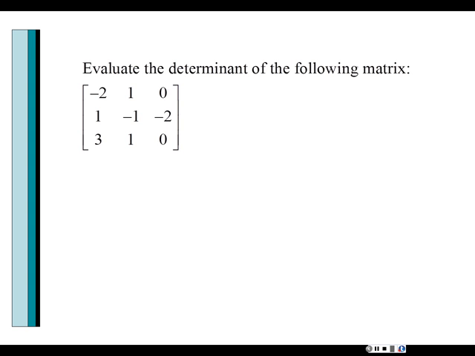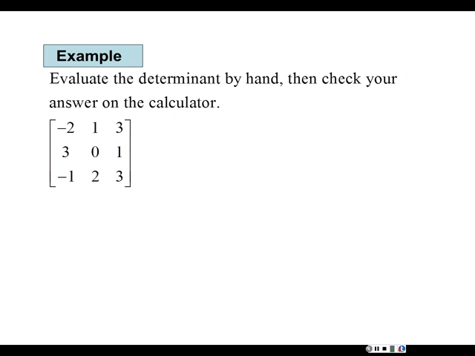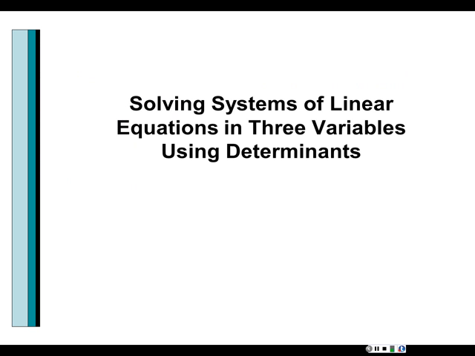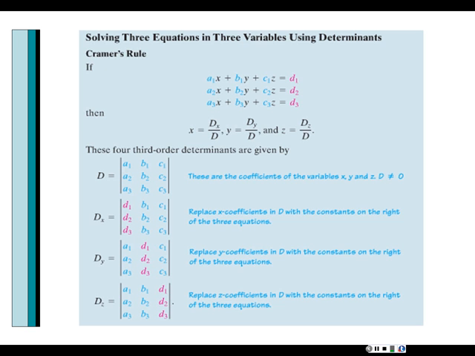Okay, so let's try to see an example of a system of linear equations with 3 variables using Cramer's rule. Now here we still have a system of linear equations for 3 variables.